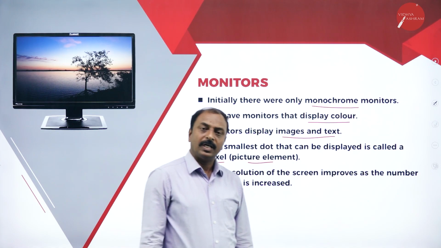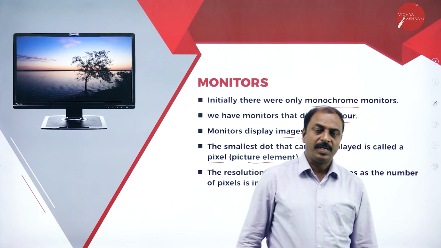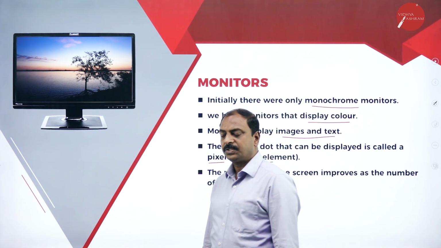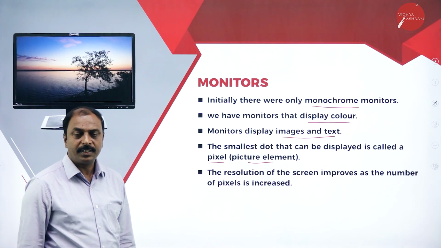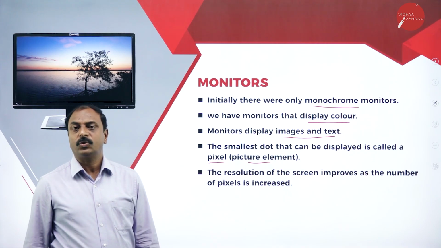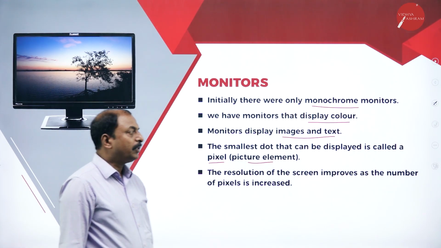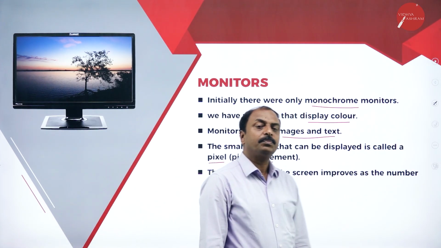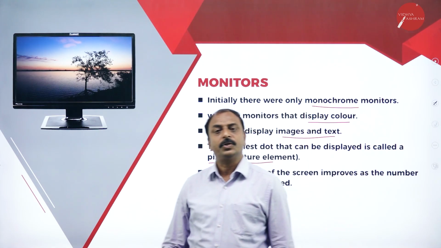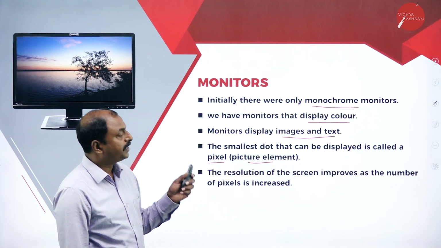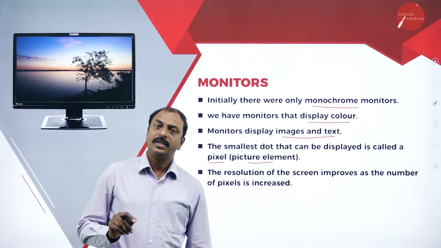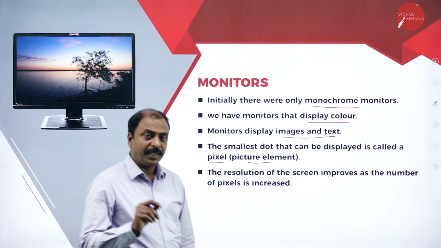Now you might have observed whenever you are watching TV, if there is a sudden power shutdown, or if suddenly your monitor or your TV goes off, immediately you can see small dots over it. Or when you switch on the TV, for a few seconds you can see small dots over the TV or the monitor.